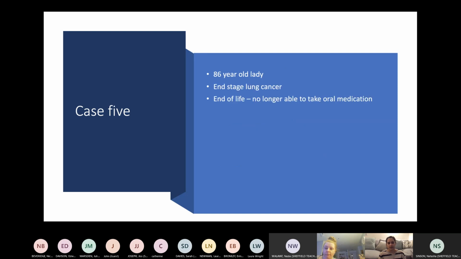So the last one is probably something that might happen more out of hours: someone with end-stage lung cancer. They've become end of life now and they aren't able to take their oral medication anymore, and it's just thinking about what you're going to do in regards to their pain medication.